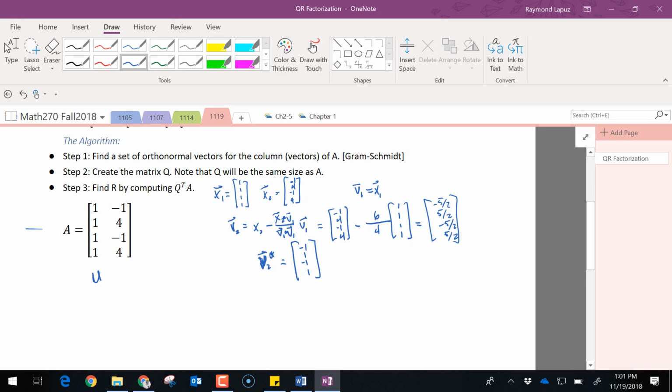I'll call U1 is V1, or X1 in this case, divided by its magnitude. If we take the magnitude of this, we should get magnitude 1. And then U2 will be, instead of dealing with V2, I'll use V2 star, and the magnitude of that is also going to be 1/2 or whatever. So it'll be the same thing except negative 1/2, 1/2.